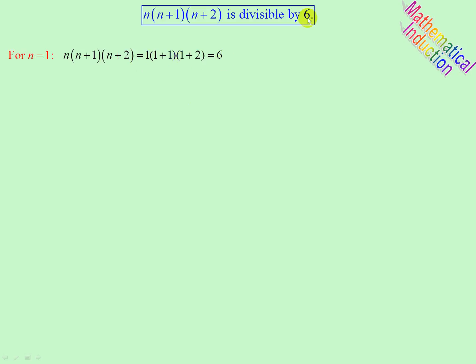Ah, it is divisible by 6, so true for n equals 1. Assume true for n equals k, which means if I put a k in there, it's divisible by 6. Here we are. That is divisible by 6.